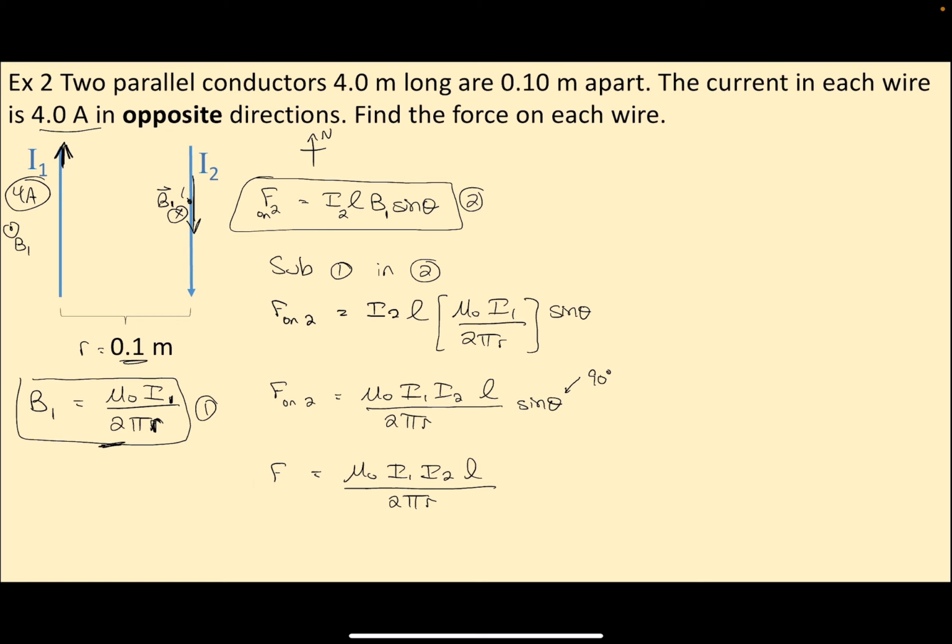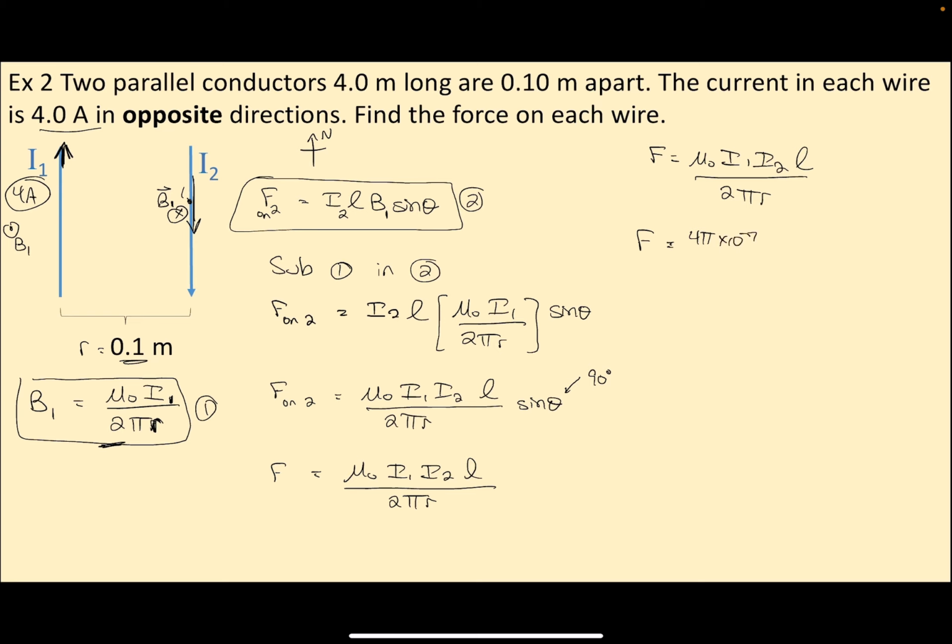To actually solve this question, we spent some time deriving this equation. I'm just going to sub into it. So mu naught I1 I2 L over 2 pi r. And we can say the force acting on either of the wires, because remember by Newton's third law, it'll be the same. Force is mu naught, which is 4 pi times 10 to the minus 7, there we go.